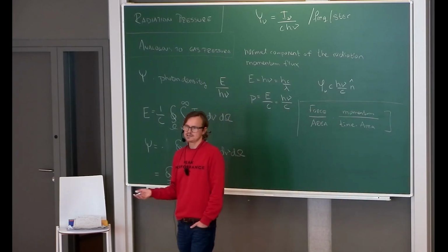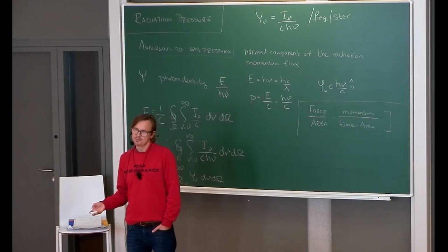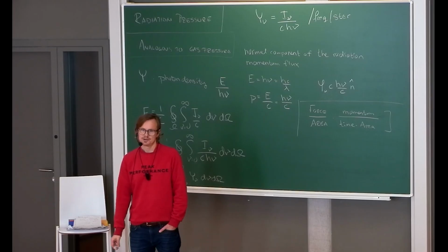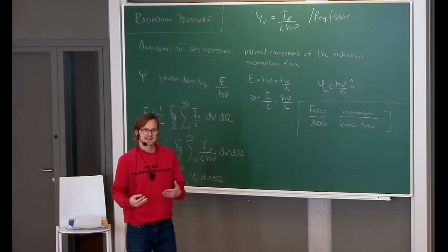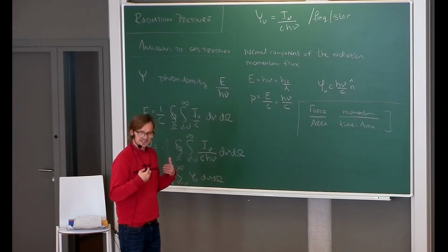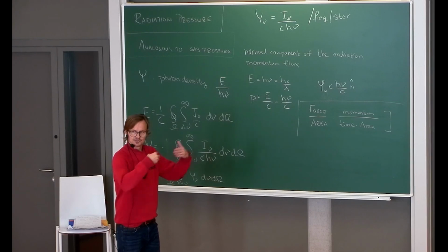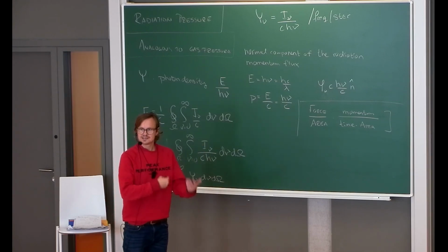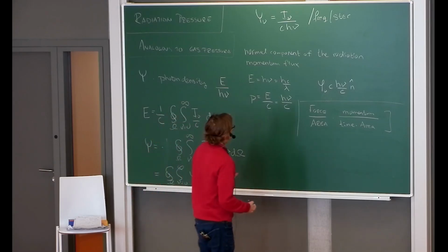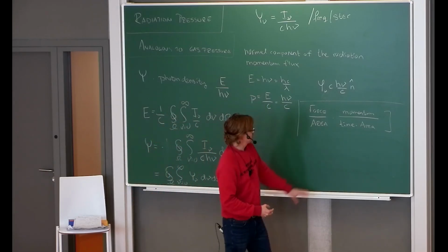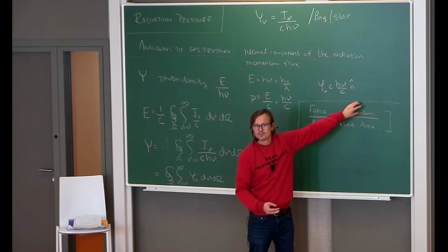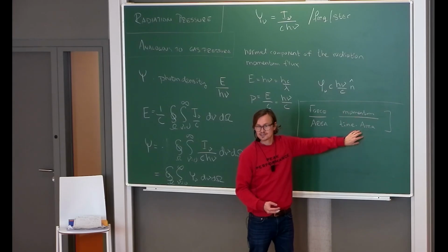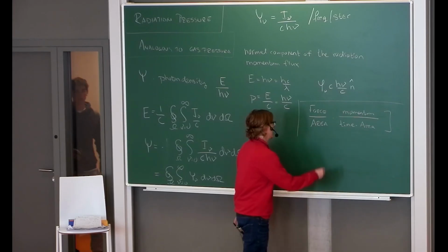So then you can immediately realize, remember last week when we talked about the radiative flux as the energy per unit time per unit area. That was the radiative energy flux. That's why we can call the radiation pressure the radiative momentum flux in the same way.